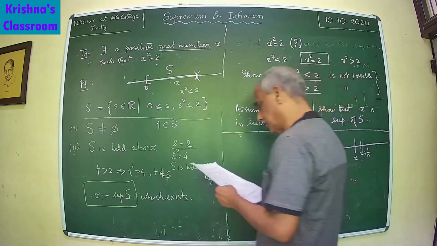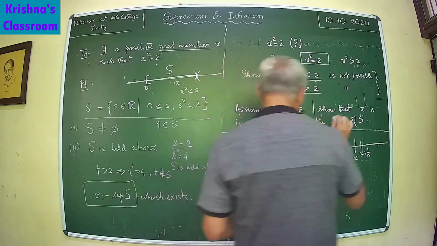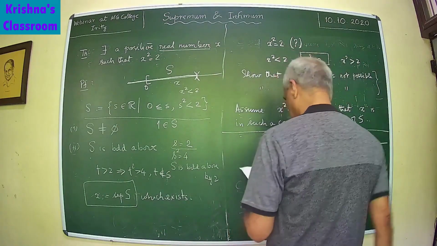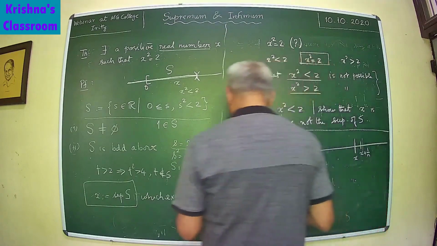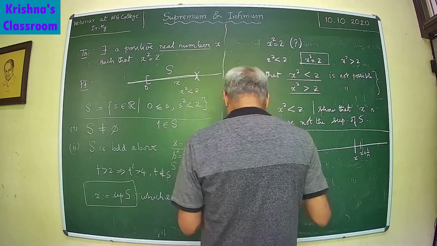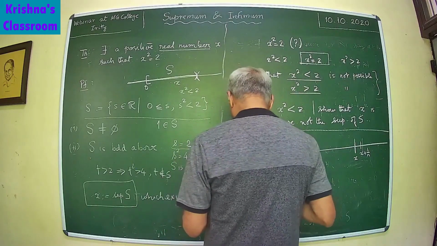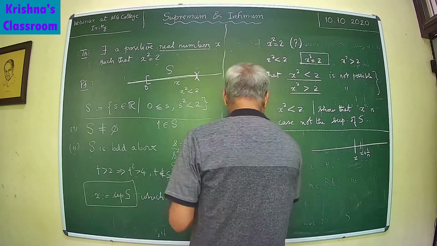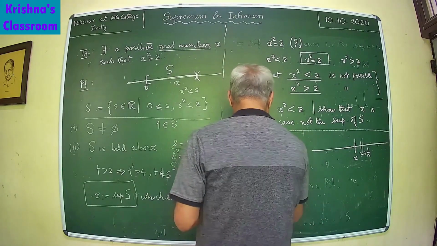Okay, so we try to prove that. We try to find such an n under the assumption that x square is less than 2. Let us show that such an n exists. So how do we do that? You take x plus 1 by n.